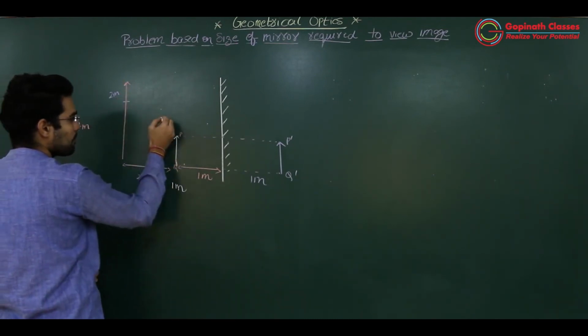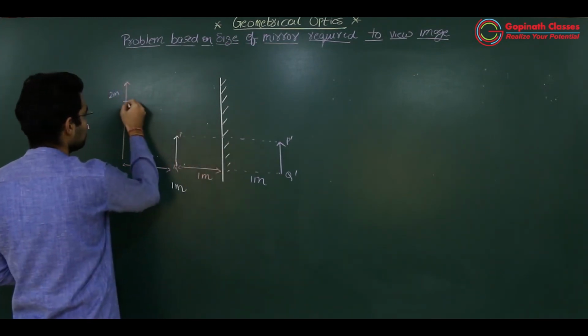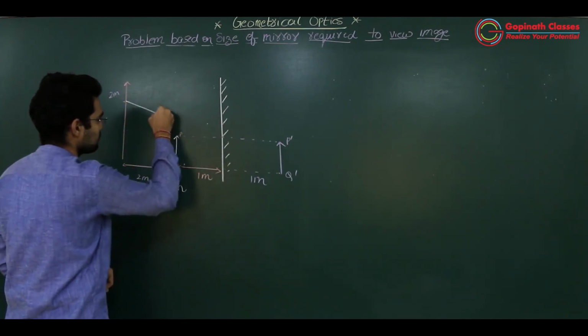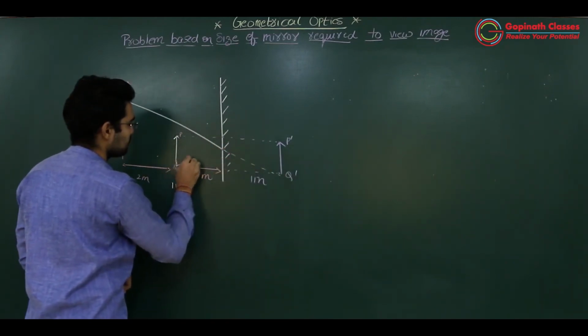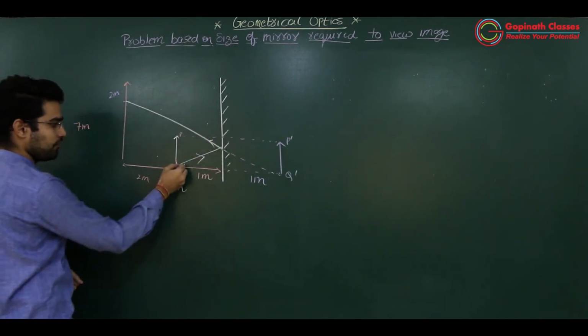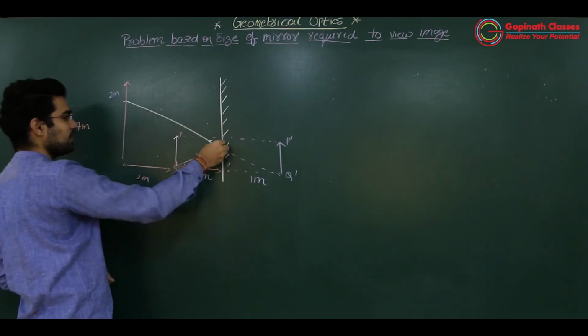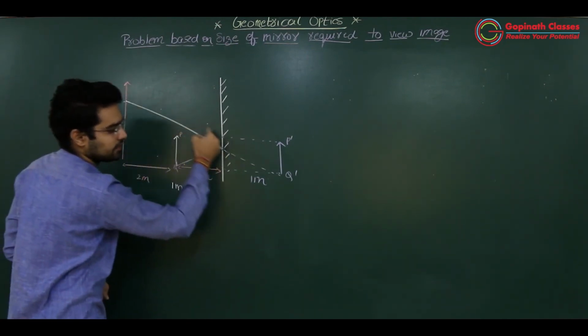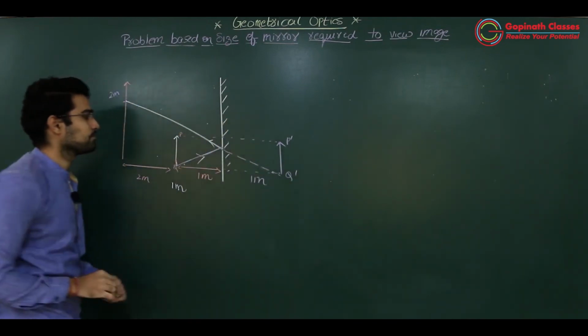So I'm just making like this. Ray is going like this. Ray from PQ, from Q it is going in this manner and retracing its path at this point.